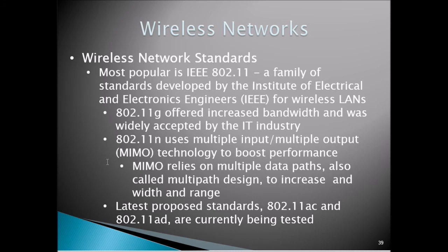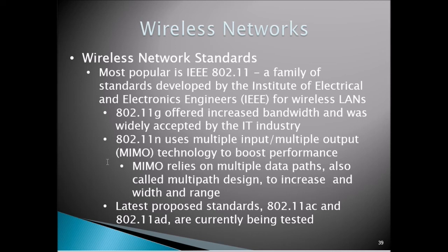So let's talk about wireless networks. The most popular is a de jure standard because it's set up by the Institute of Electrical and Electronics Engineers. It's a family of standards developed by the Institute of Electrical and Electronics Engineers for wireless LANs.